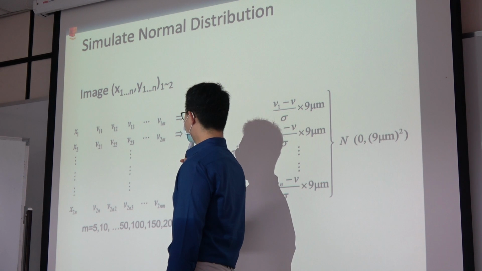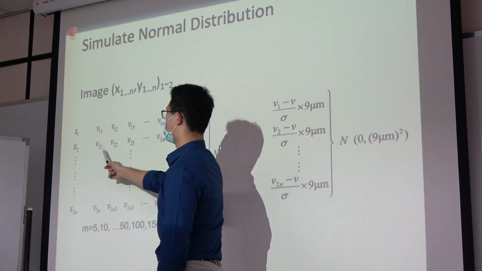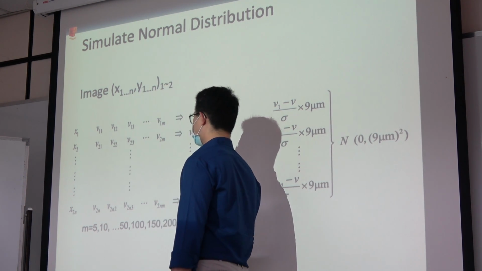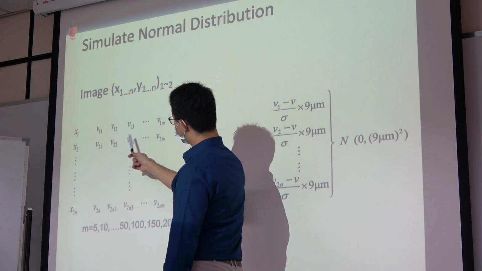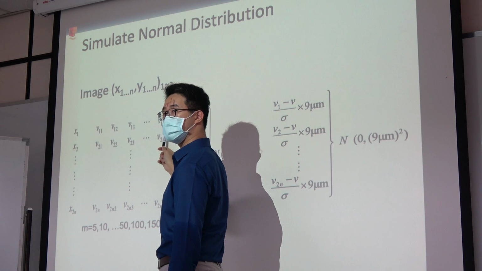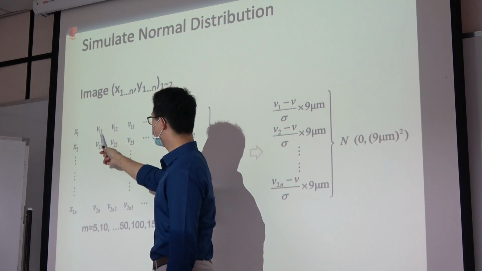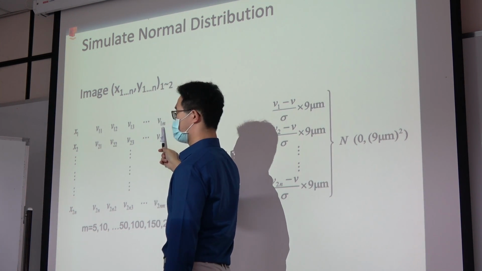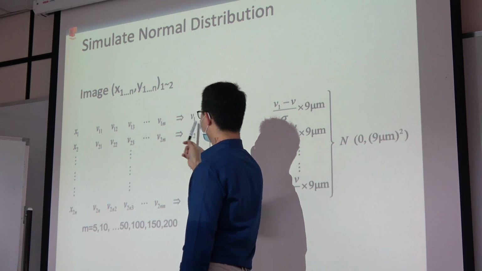For the second error, I also simulate m numbers, and so on and so forth. Then what I'm going to do is take the average of these m values to get v1.